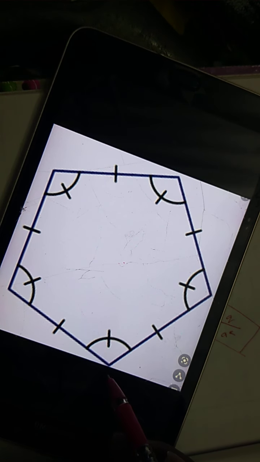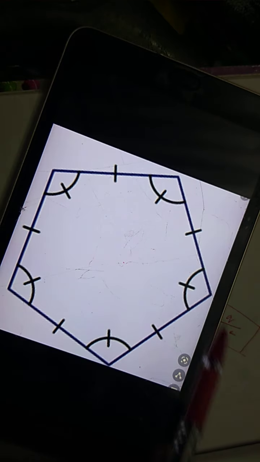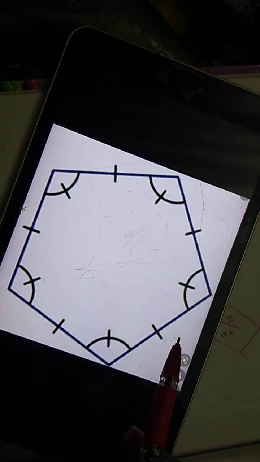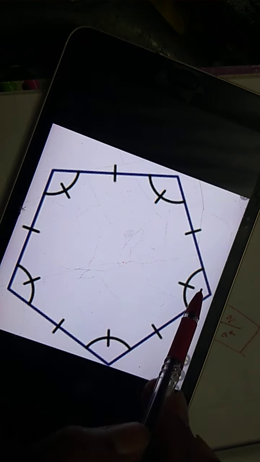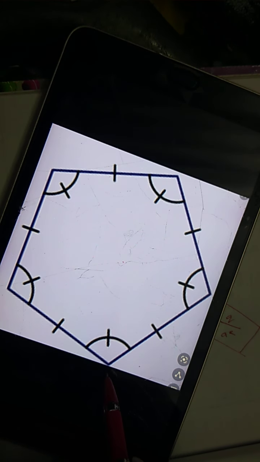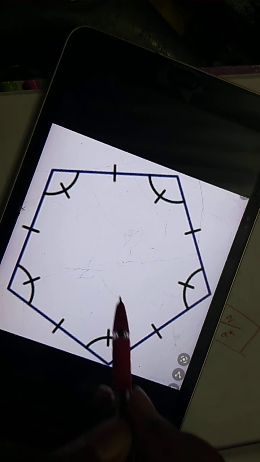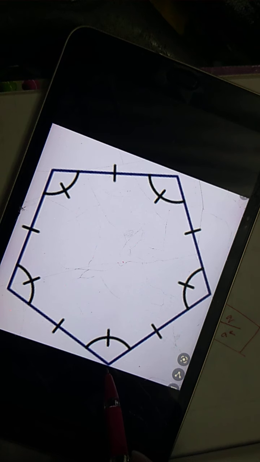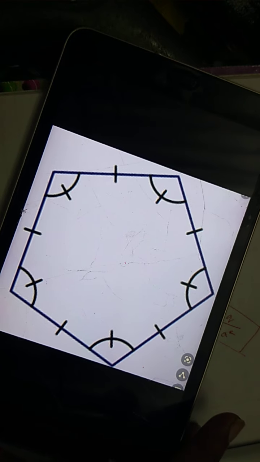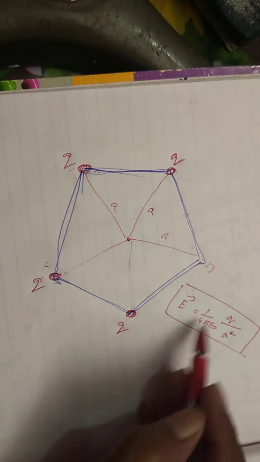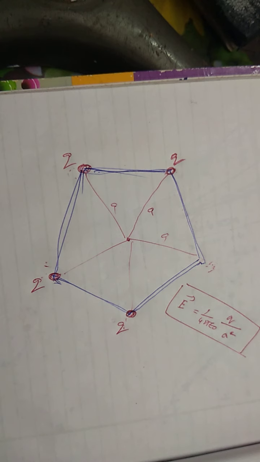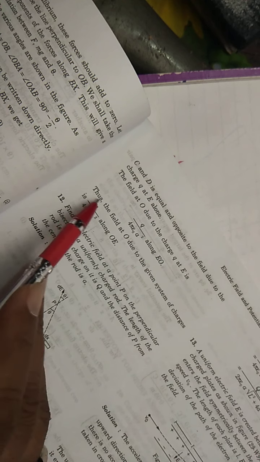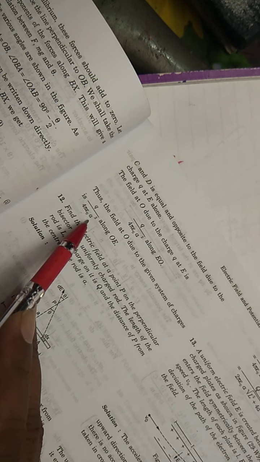If one vertex is free and other 4 vertices are engaged, instead of finding the effect of all 4 vertices, we will find the effect of a single charge which we will consider is placed in the blank vertex or blank corner. Okay, so here your answer is going to be 1/(4πε₀) · q/a². Let's verify the answer. So you can clearly see the answer here. It is 1/(4πε₀) · q/a².